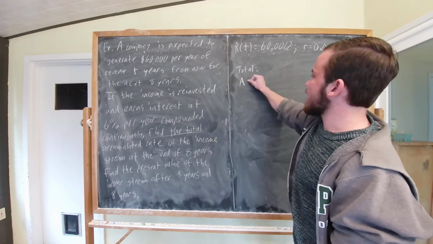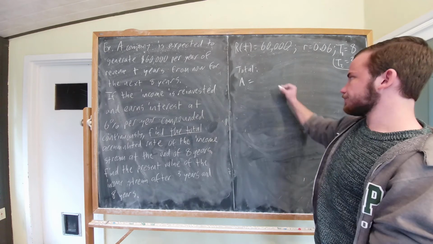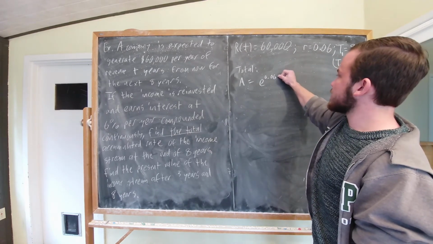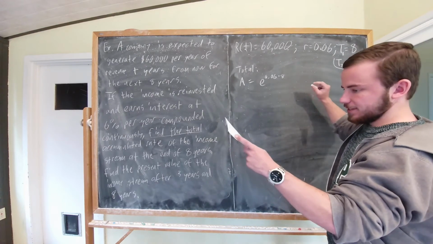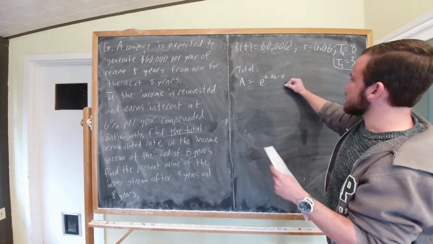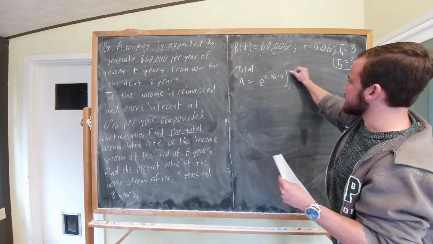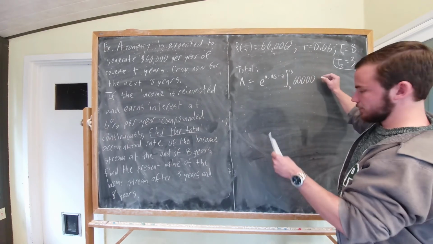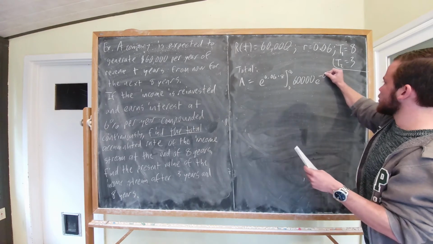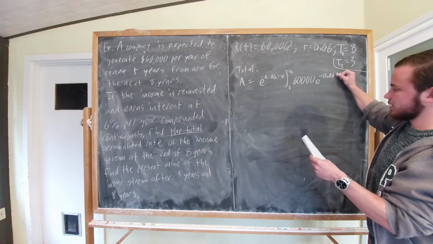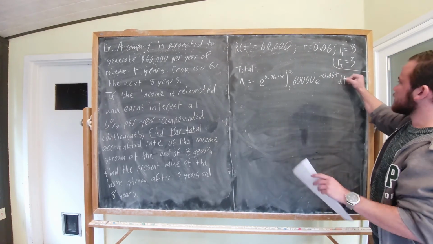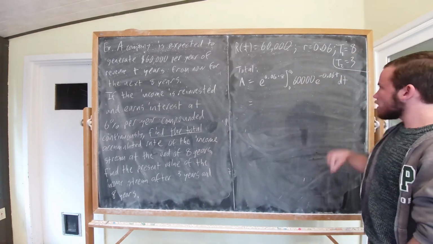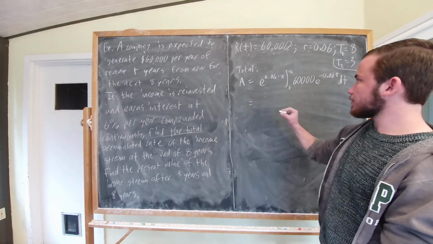In that case, A will equal e to the 0.06 times 8 times the integral from 0 to 8 of 60,000 e to the negative 0.06 t dt, which is equal to what?